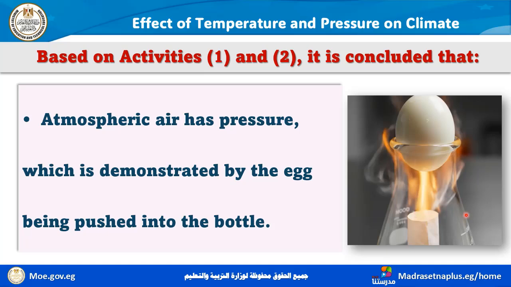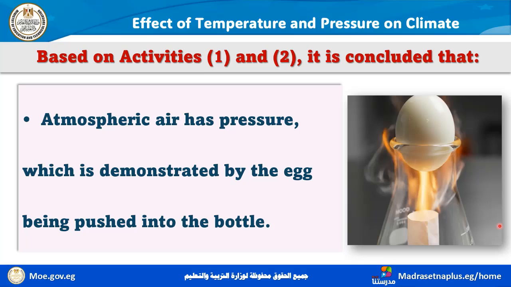When the paper burns inside the bottle, the air heats up and expands, so some air escapes out of the bottle. After the flame goes out, the air inside the bottle cools and contracts. This causes the pressure inside the bottle to become lower than the atmospheric pressure outside the bottle.